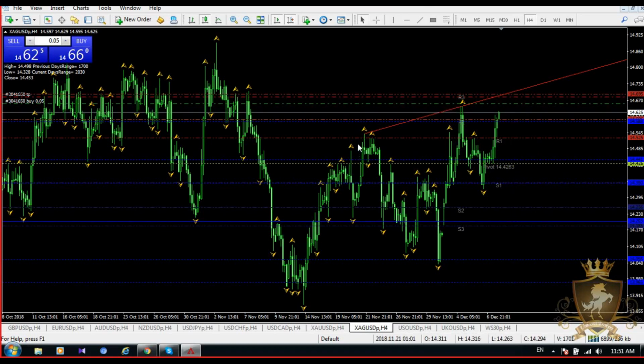Did you understand why I did this? We should consider our pivots. But if there's no pivot, the first point is the trend line that may hit and come back. Exactly. There were no pivots in its way.